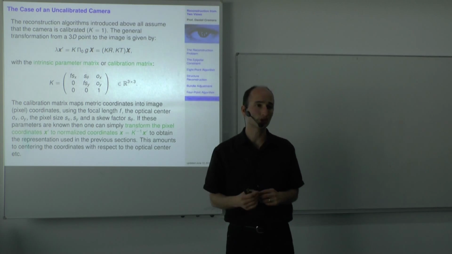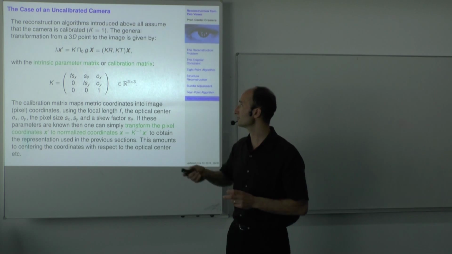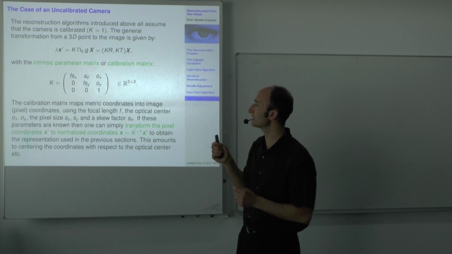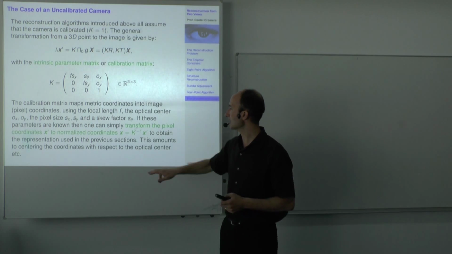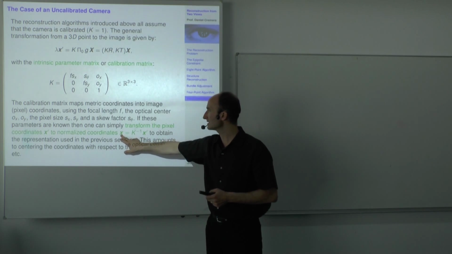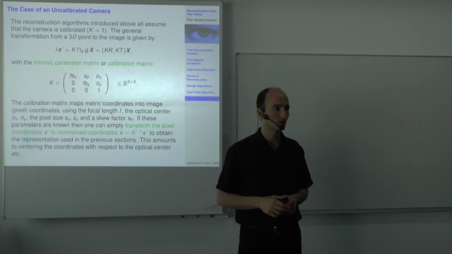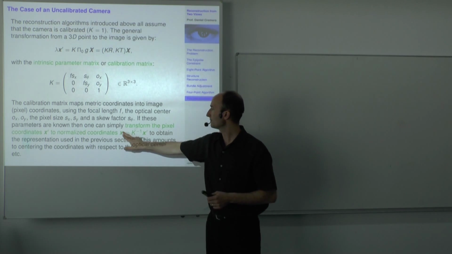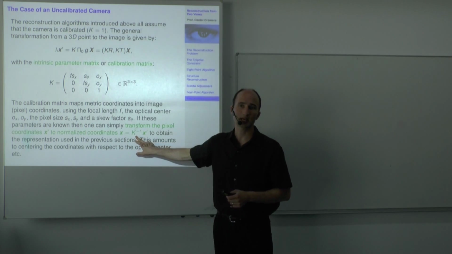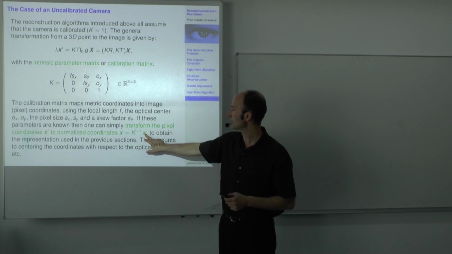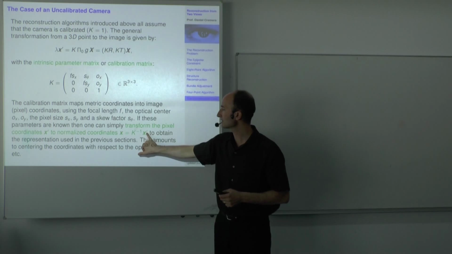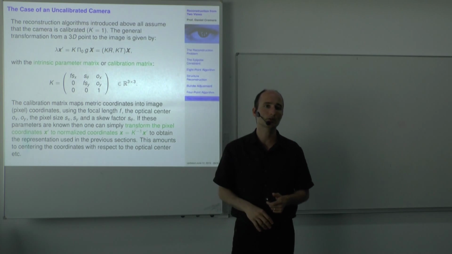These are the image or pixel coordinates. So that is really the 2D coordinates in pixel coordinates. And what we've done in the past slides, we called it x, and x were the normalized coordinates. That were the coordinates obtained once I removed these calibration aspects. Just by multiplying K to the minus 1 to the pixel coordinates, I get these normalized coordinates.